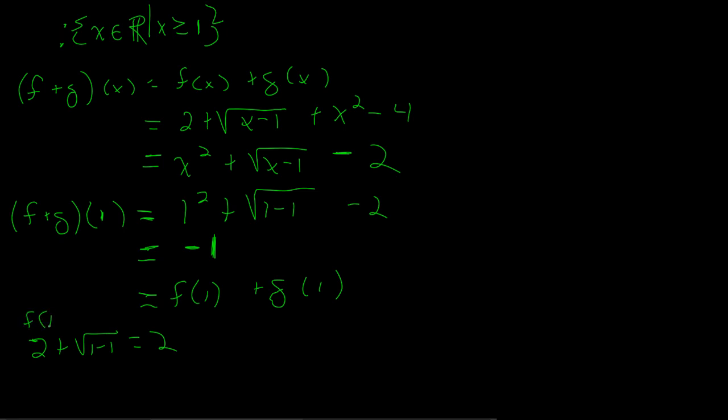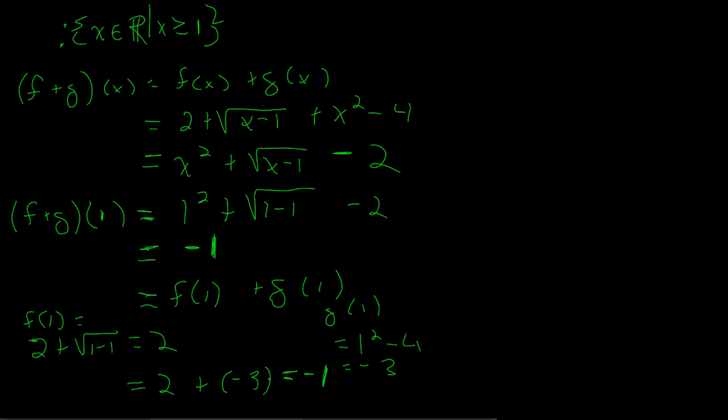That's f of 1. And g of 1 is 1 squared minus 4, or negative 3. Right? I'm looking at the two parts on their own. Well, if I bring the numbers together, 2 plus negative 3 equals negative 1.